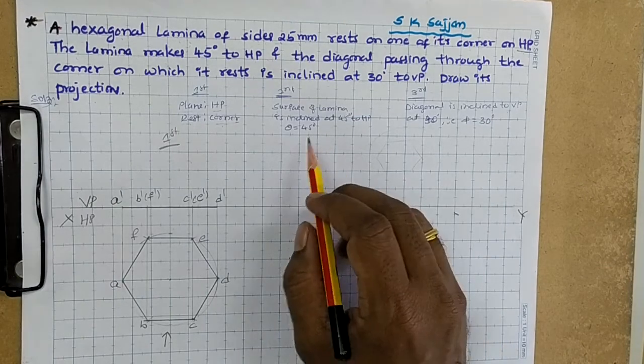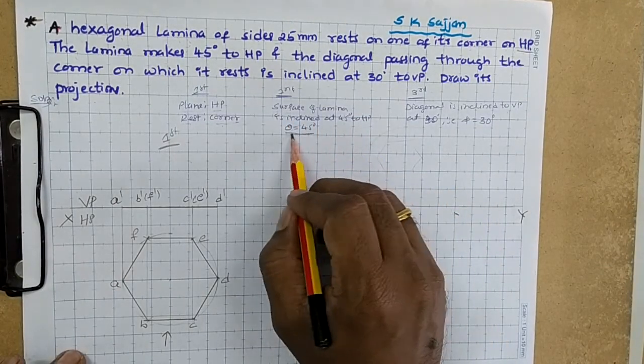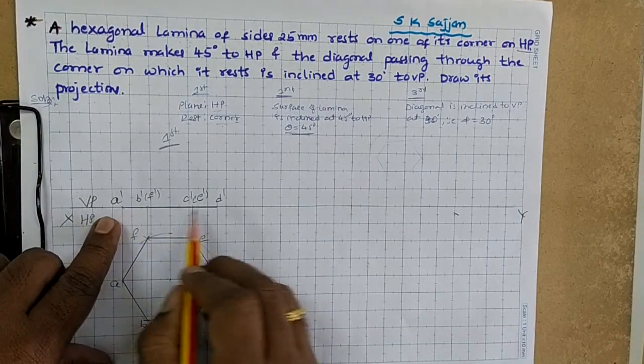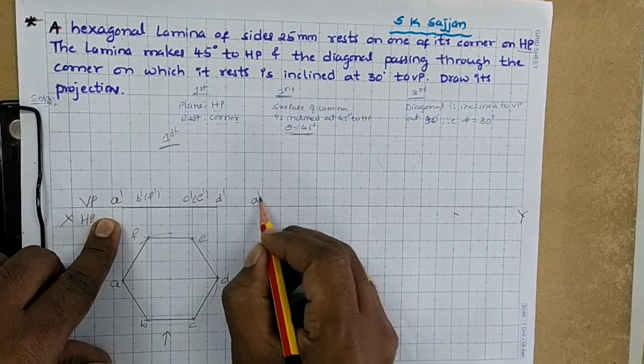For the second portion, theta is directly given, the surface of the lamina is inclined at 45 degrees. Here first I will mark the resting point. Which is the resting point here? A dash. Mark it here. A dash is the resting point.